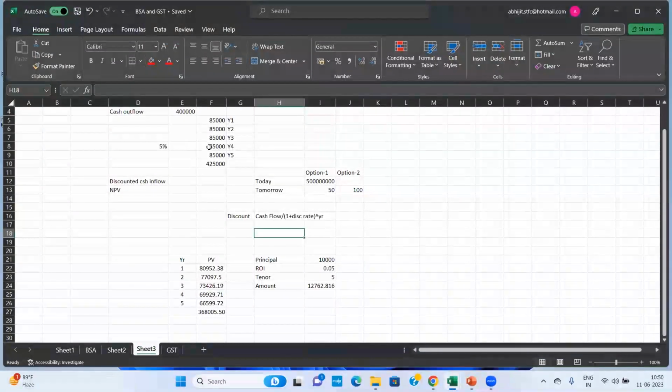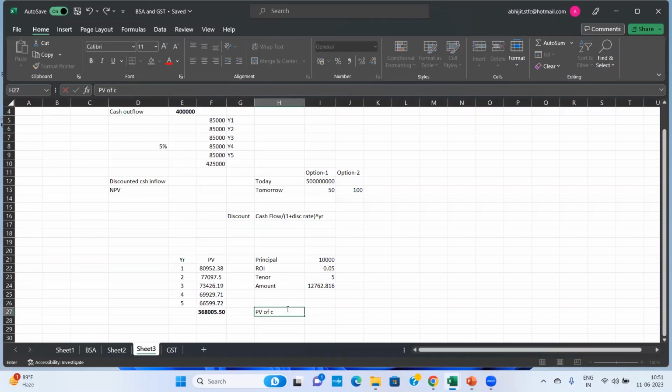Now, the entire present value of cash inflow is 3,68,005.50. What is my cash outflow? It is 4 lakh. So it is actually negative. Ideally, my PV of cash inflow minus my cash outflow has to be positive to choose a project.